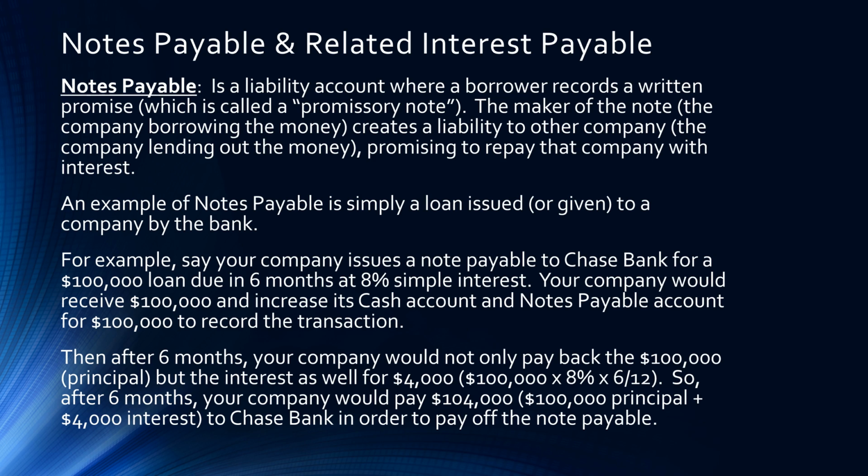So $100,000 times 8%, or 0.08, times 6 divided by 12 is equivalent to $4,000. So after 6 months, your company would pay $104,000, which is the $100,000 principal plus the $4,000 interest, to Chase Bank in order to pay off the entire note payable. That's pretty much the gist of notes payable.